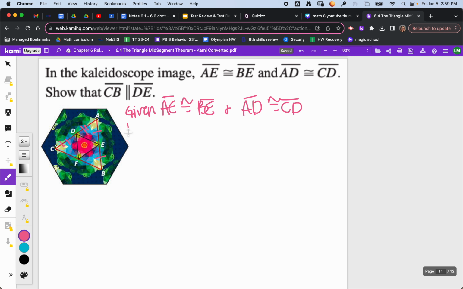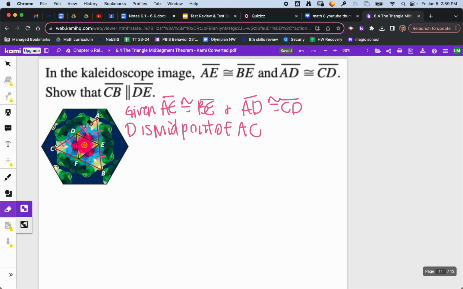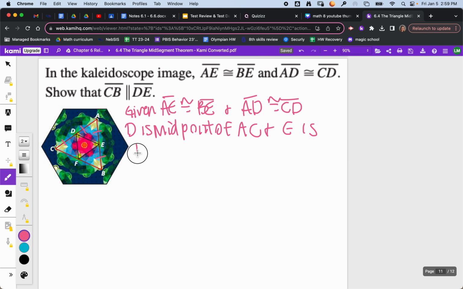Okay, we can say D is midpoint of AC. So that means they are going to be all the same. So we'll do all same tick marks. And E is midpoint of AB, by definition of midpoint.